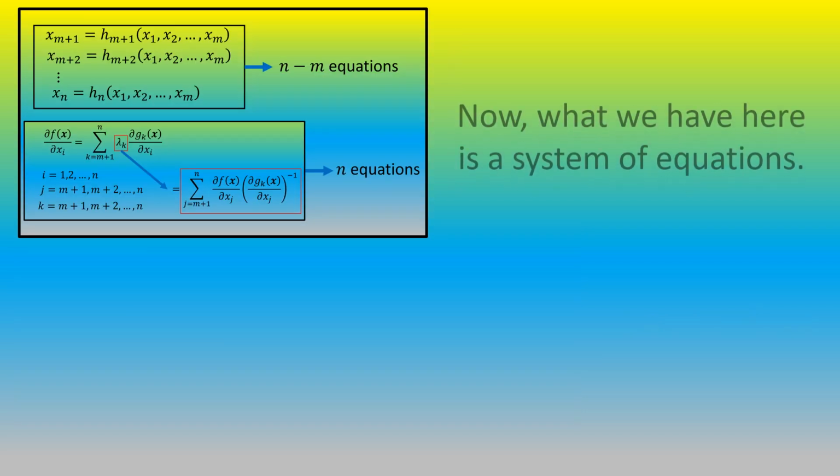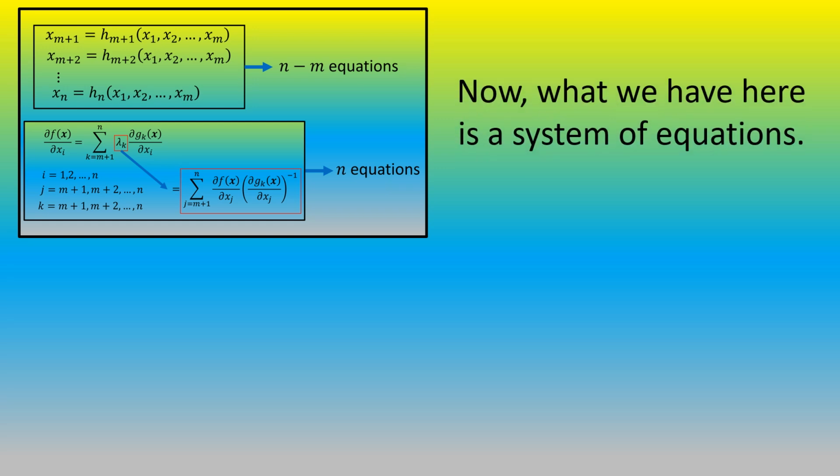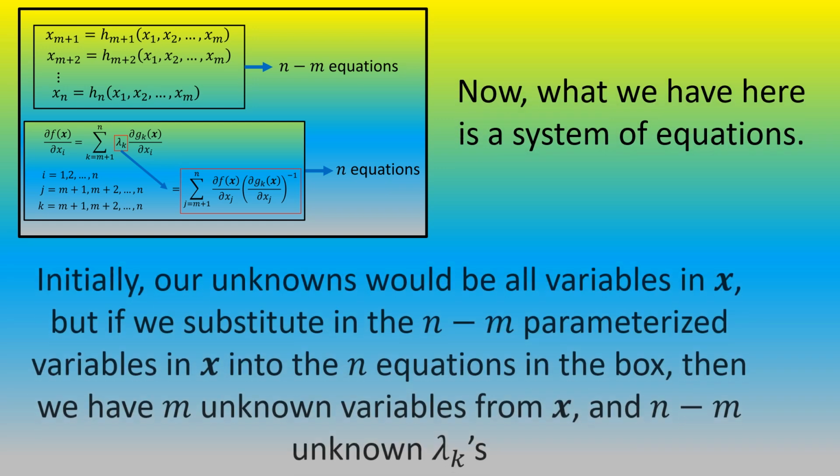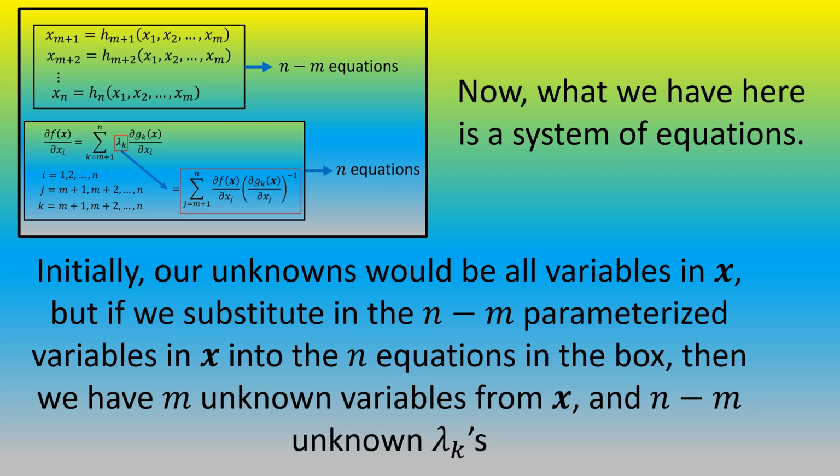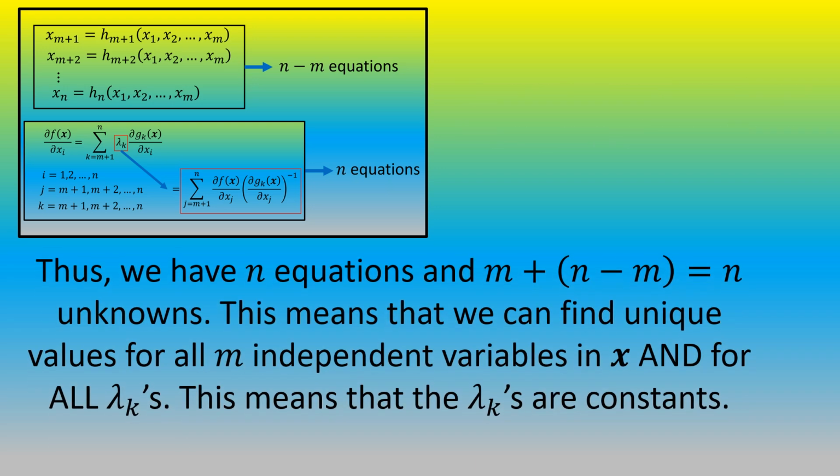So what we have here is a system of equations. Initially, our unknowns would be all variables in x, but if we substitute in the n minus m parameterized variables in x that we got from the constraints into the n equations in the box, then we have m unknown variables from x and n minus m unknown. Thus we have n equations and m plus n minus m, which is equal to n unknowns.